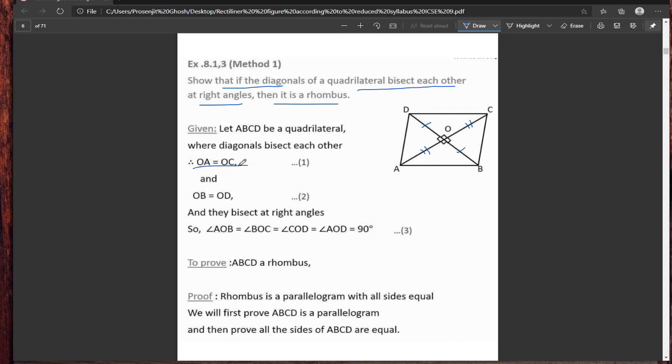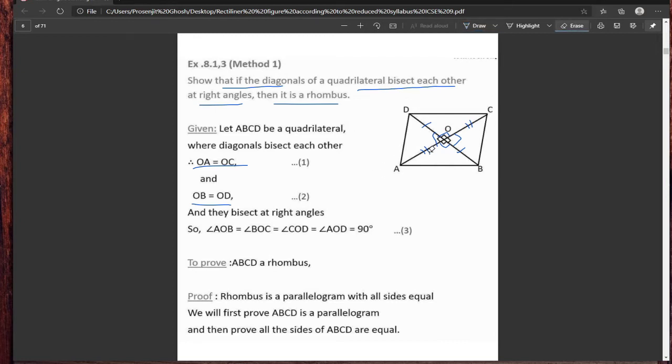As it is written over there, OA equals OC, OB equals OD. Also, we have to take all the angles as right angles, because we have to assume that they are diagonals cutting each other at right angles. If they are doing so, we have to prove right now it is a rhombus.